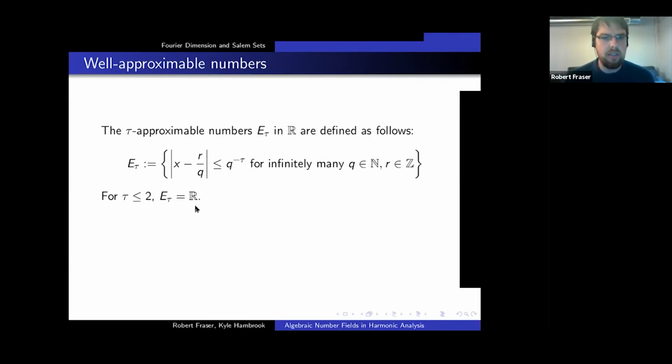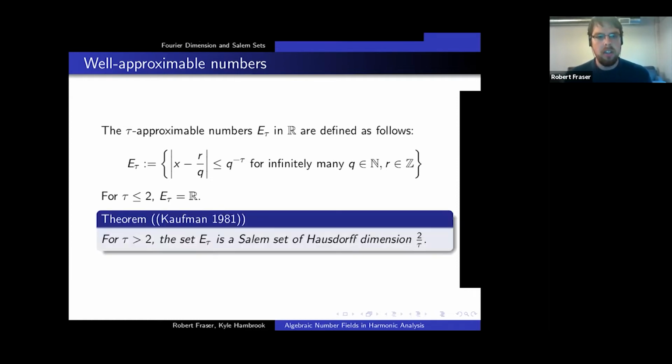So this set's only interesting when tau is greater than 2, because if tau is less than or equal to 2, a pigeonholing argument shows you that this is the entire real numbers. So Kaufman showed in 1981 that this is a Salem set of Hausdorff dimension 2 over tau. So the Fourier dimension is also 2 over tau.